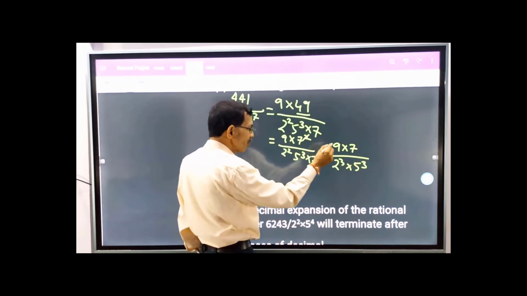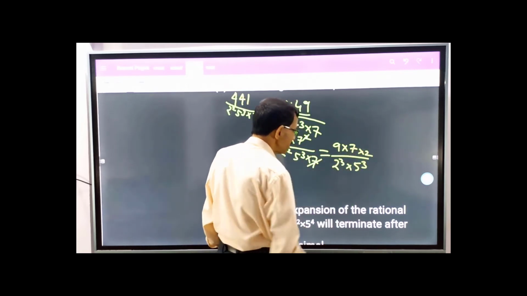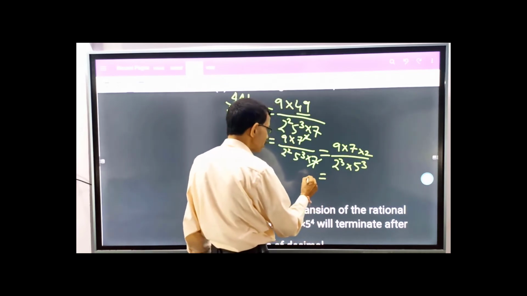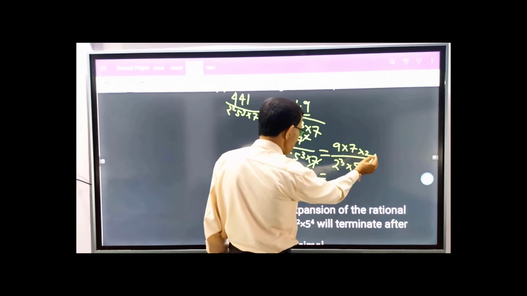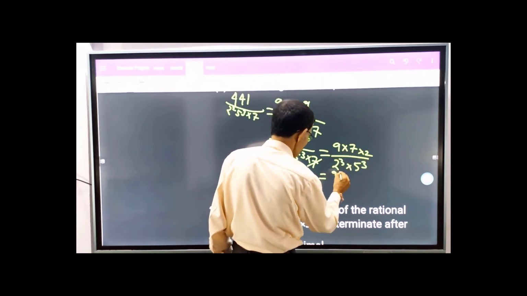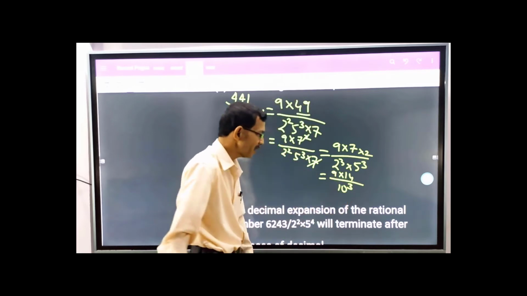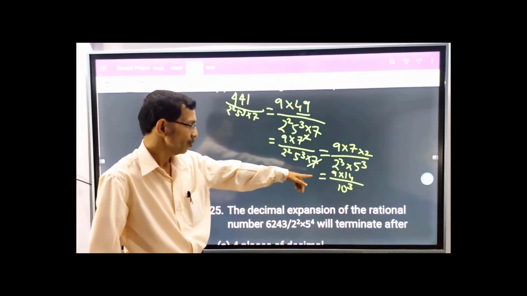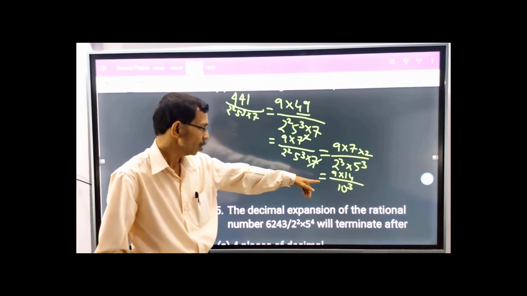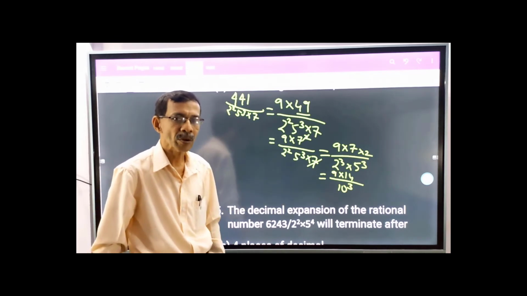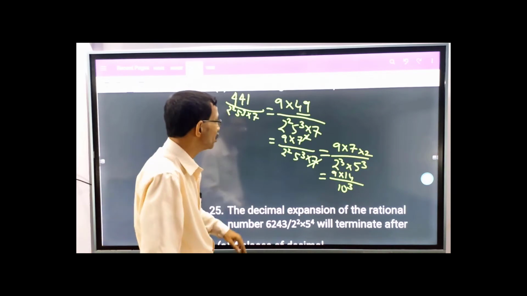And 1 power I have raised, so I have to multiply it here by 2. So this will be further, whatever is there on top, I will write 9 into 14 divided by 10 raised to 3. And now you see we can shift 3 decimal points. So it is getting terminated after 3 decimal points.